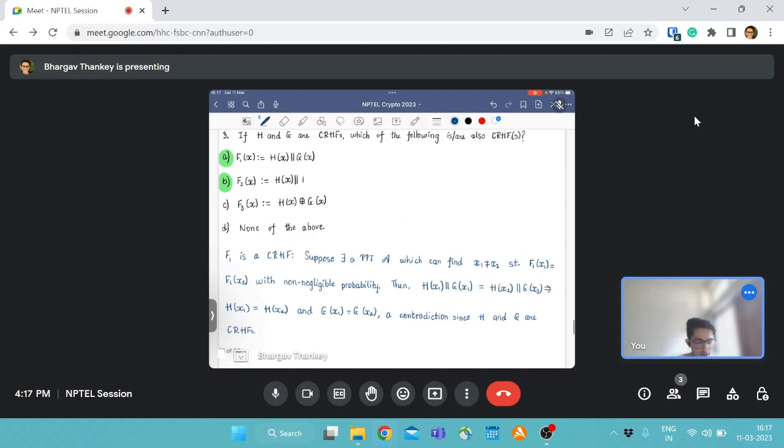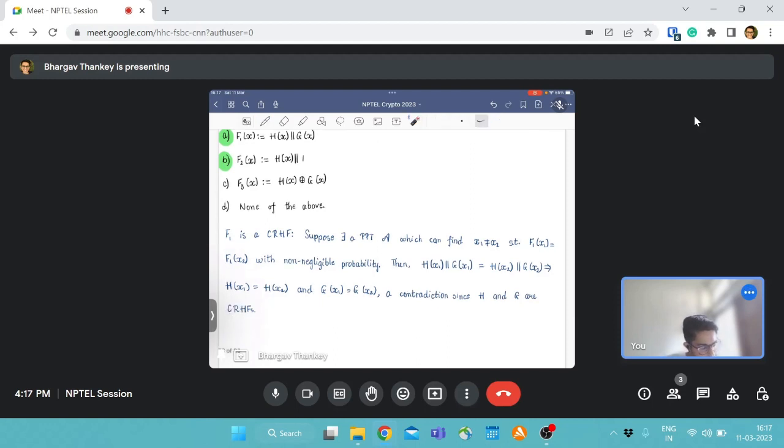Now, looking at the proof, try to answer the following question. Suppose H were a collision resistant hash function, but G were not. Would F1 still be a collision resistant hash function? Okay, the answer is yes, because F1 of x1 equals F1 of x2 implies that H of x1 equals H of x2 and G of x1 equals G of x2.